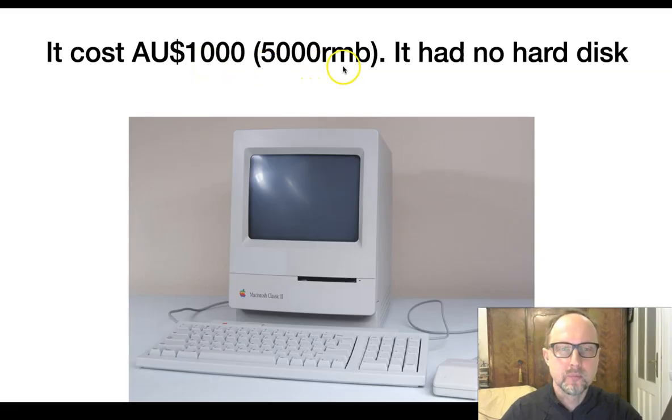It looked nice, but it had no hard disk. A hard disk cost another $1,000 or something. It was very expensive. But this was one of the first computers with a mouse, and it was small and useful. So at that time, it was really, really exciting.